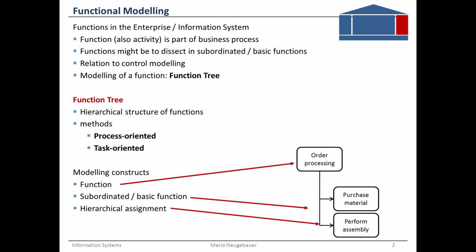And then you might have the task-oriented ordering of your functions. Task-oriented might be that, for example, you collect all the purchase functionalities in one overall function, which you might name purchasing.